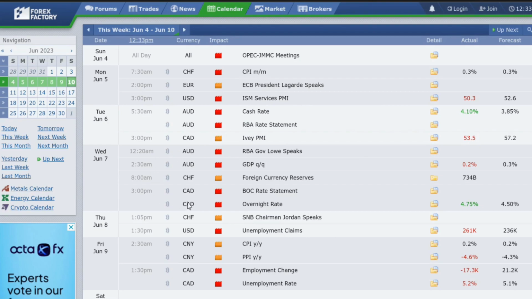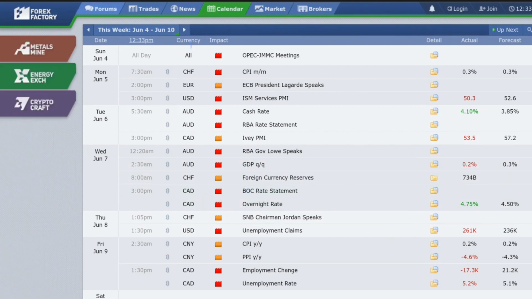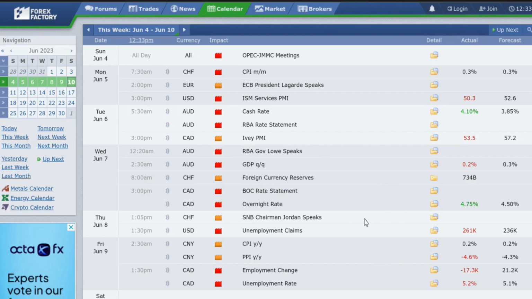And then for the Canadian dollar, we saw the overnight rate hike, where they hiked their rate by 25 basis points from 4.50 to 4.75. That's what made the Canadian dollar strong over some currency pairs last week.